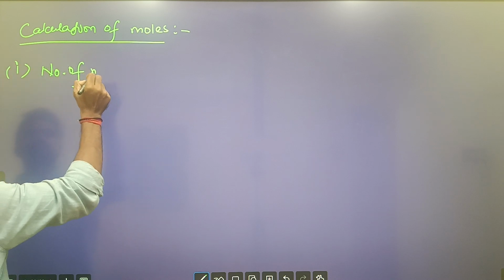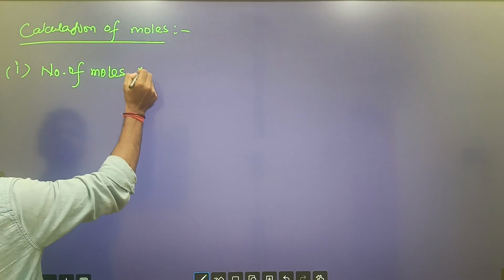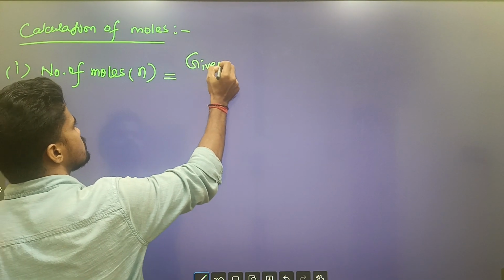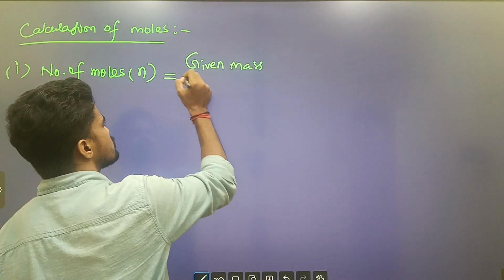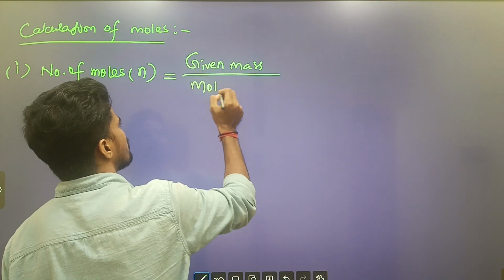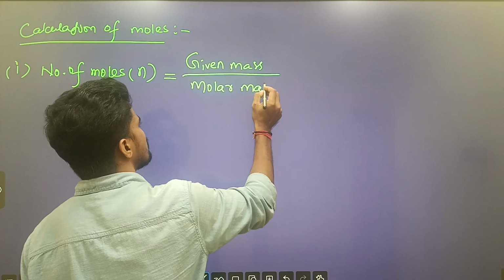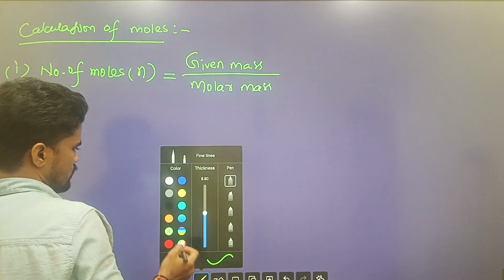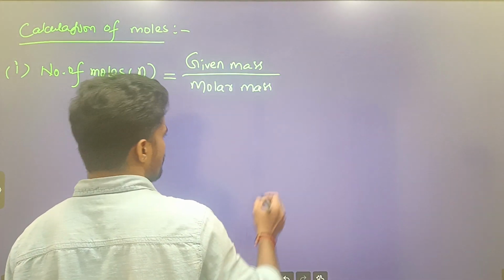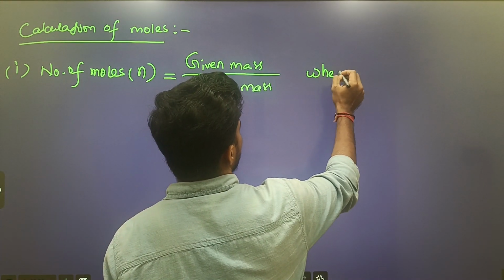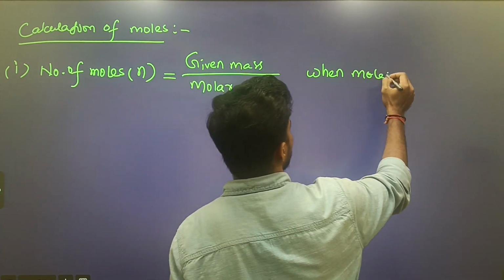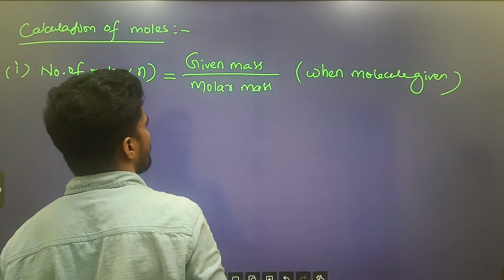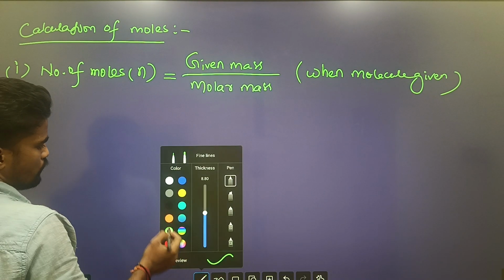Number of moles n is equal to given mass upon molar mass, for molecules, that means when a molecule is given. Yes or no?